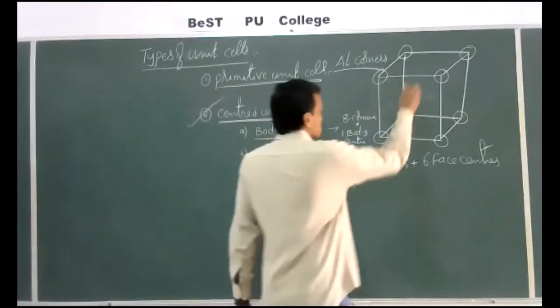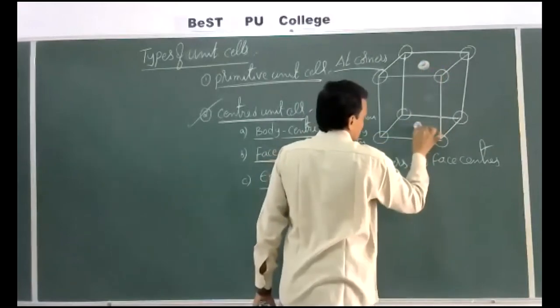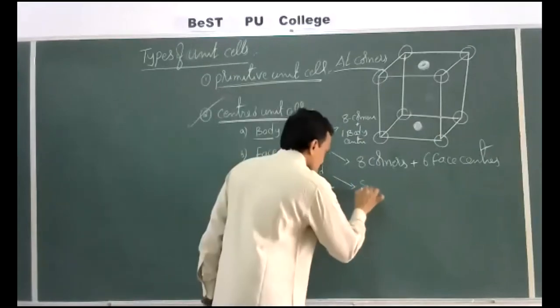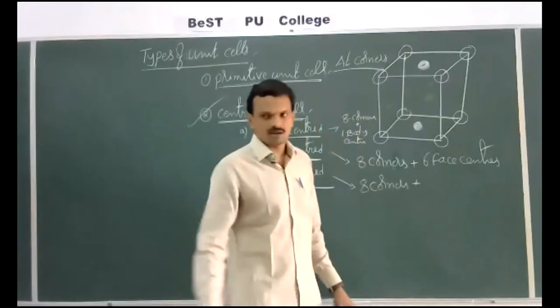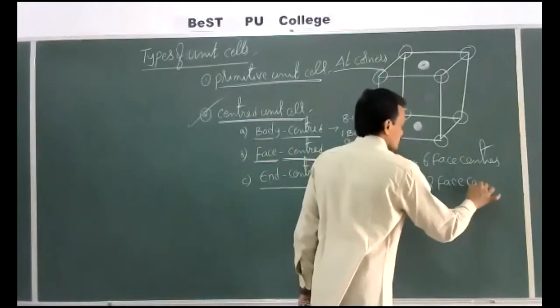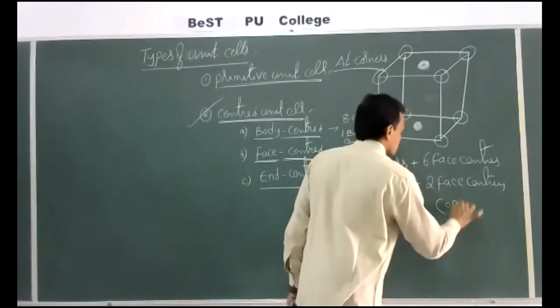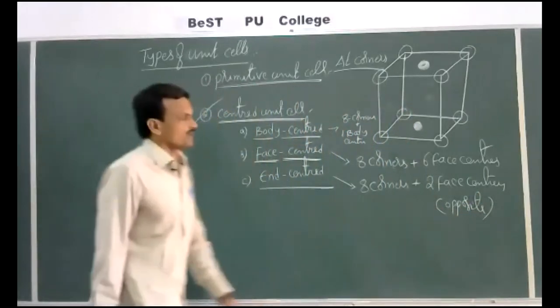That means the 3 possibilities. This is one face center, this is the opposite face center. 8 corners, this is fixed. In addition to 8 corners, we can get 2 face centers which are opposite to each other. Any 2 opposite face centers.